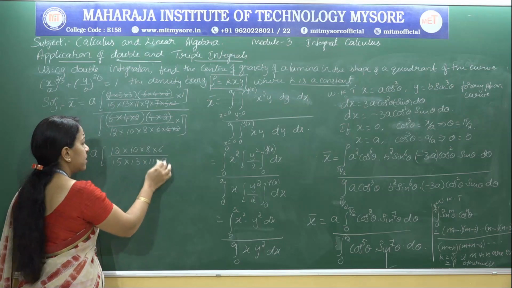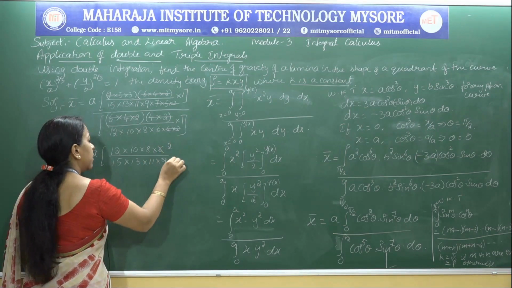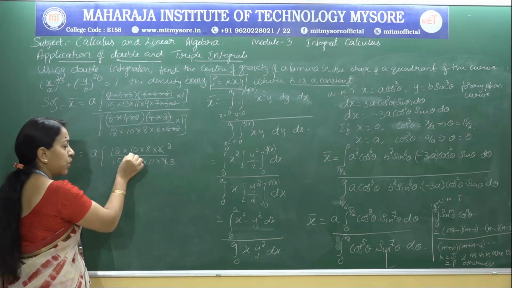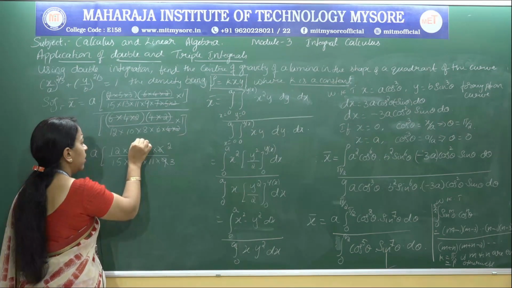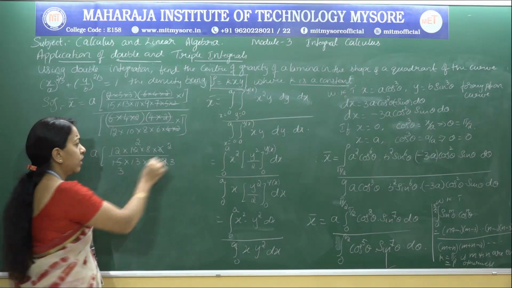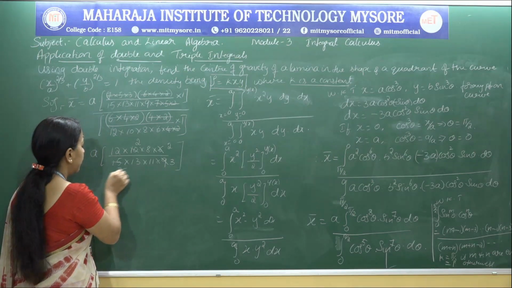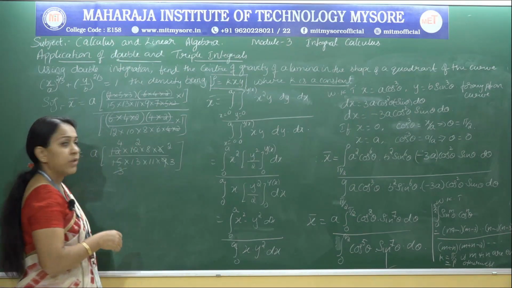So I can cancel these two, that is 3 twos are 3 threes, and also I can cancel 10 and 15, 5 twos are 5 threes, right. And also I can cancel this, 3 ones are 3 fours, right.